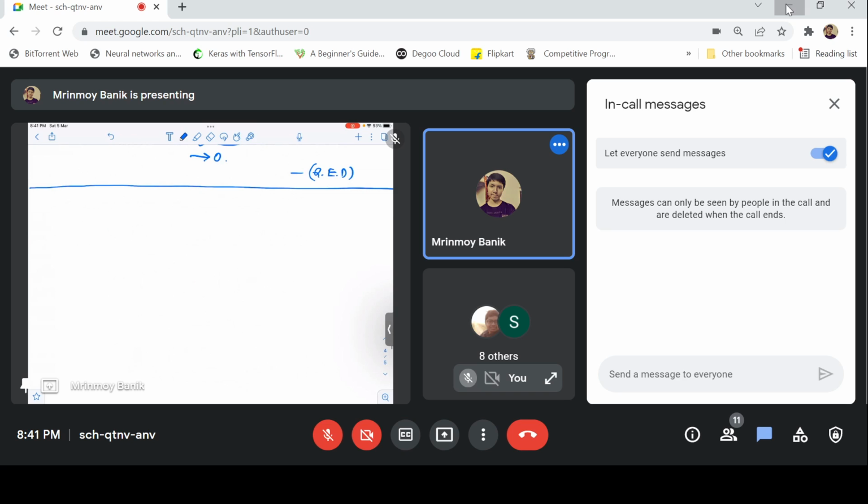And the second term is n plus 1 minus n, that's 1. And then n plus half times ln n, so n plus half times ln n minus n plus 3 by 2 times ln n plus 1.